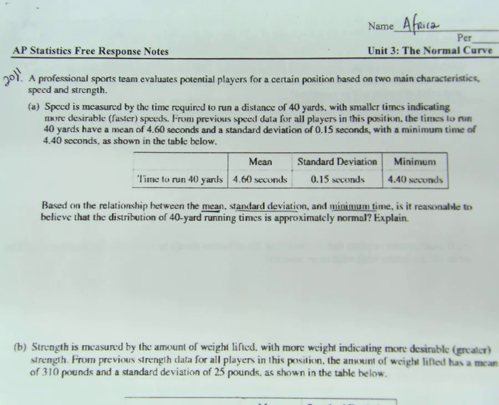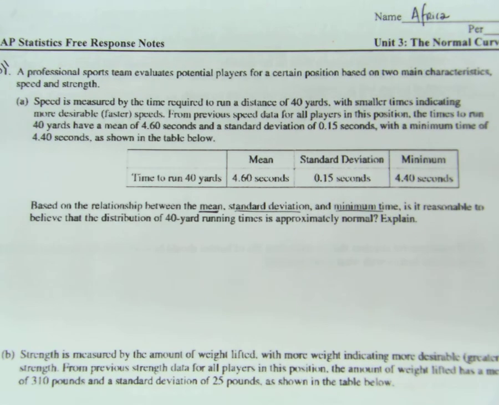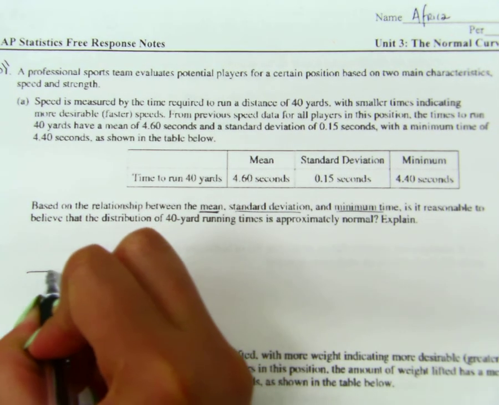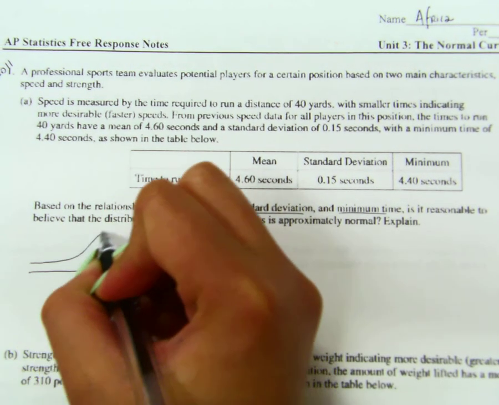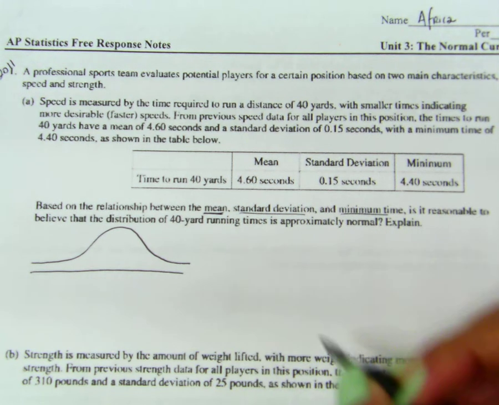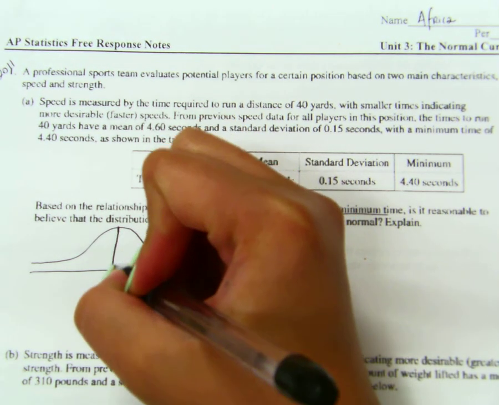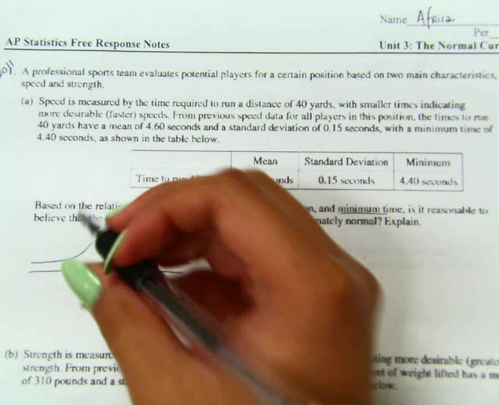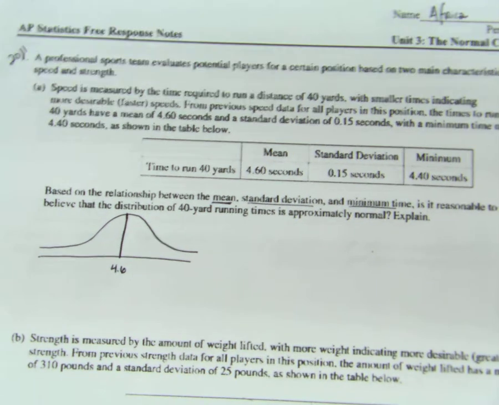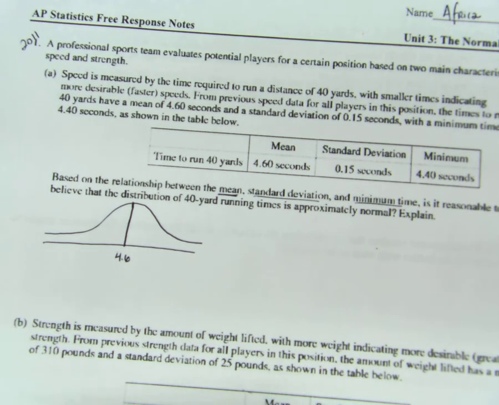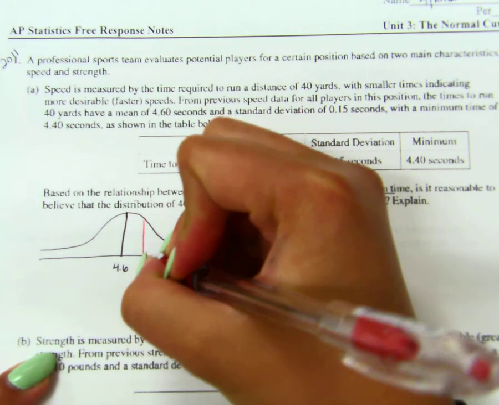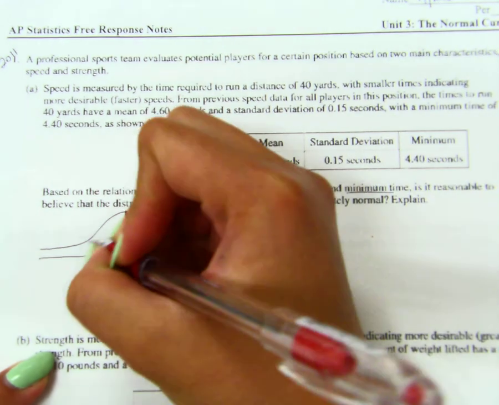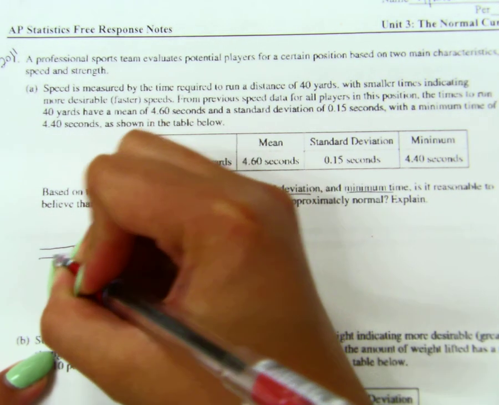So is it approximately normal? Now we know that if you have approximately normal data, it's going to look symmetric, right? So I'm going to go ahead and sketch out what a normal model should look like to us, right? So to us, it's going to look symmetric, and the mean is going to be in the very middle. Okay, the mean is 4.6, so I'll go ahead and put that in. And then when we draw this model, we always add 3 standard deviations above. So 1, 2, 3, and then below 1, 2, 3.